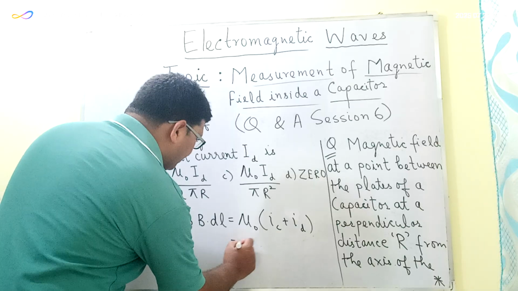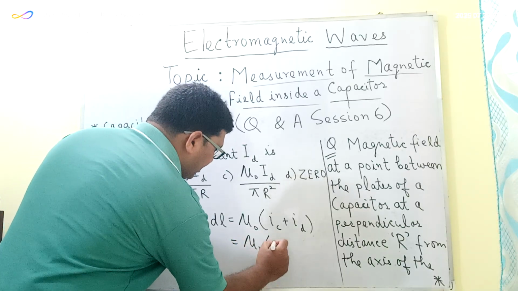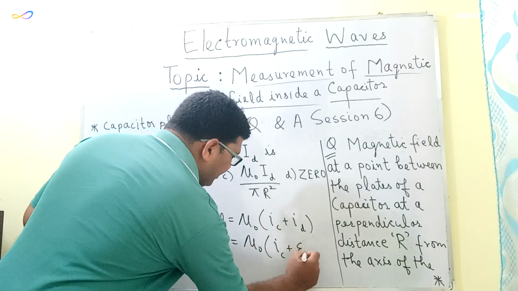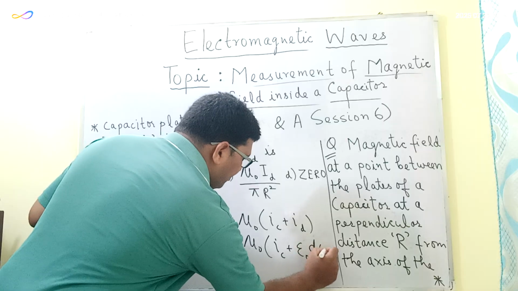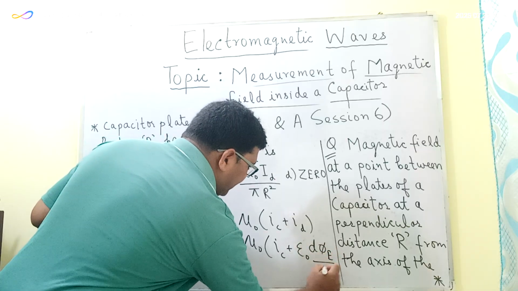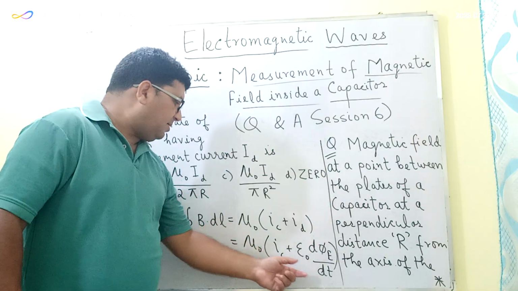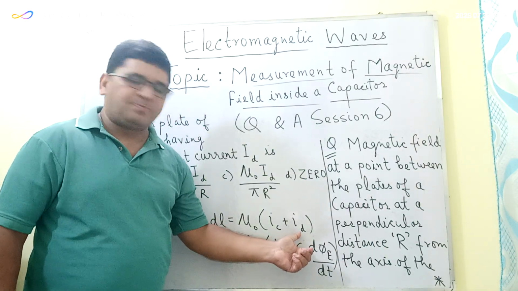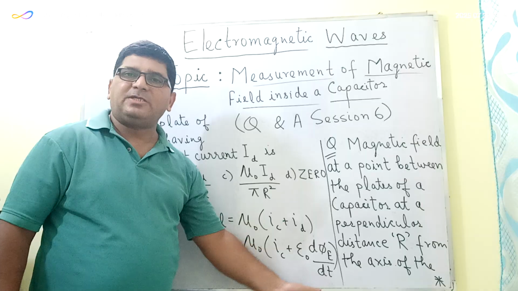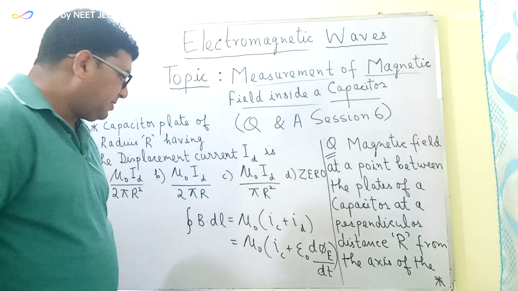This is also equal to mu naught IC plus mu naught epsilon naught d phi E upon dt. Here epsilon naught into d phi E upon dt is the magnitude of the displacement current, where d phi E upon dt is the rate of change of the electric flux.